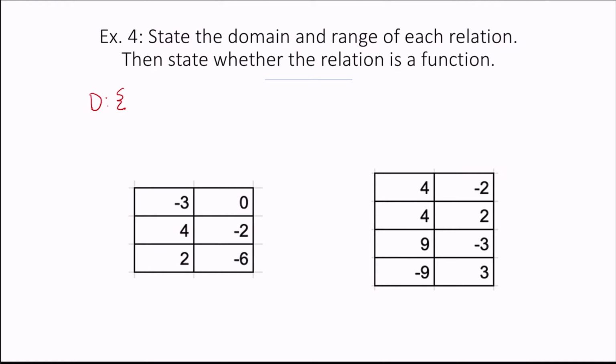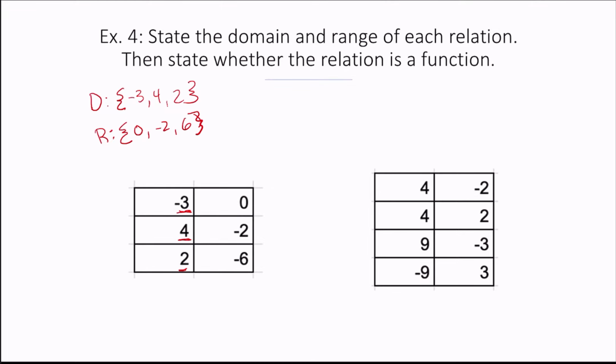And a set is just a group of things. So for this first example, all possible x values here, we have -3, 4, and 2. And then the range is just the set of all possible y values, which are 0, -2, and 6.